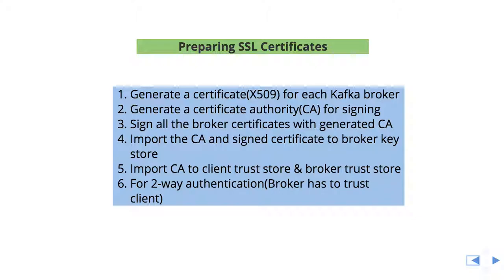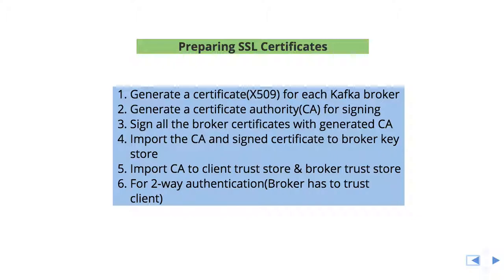The fifth step is we have to import the CA into the client trust store and the broker trust store. We imported our certificate into the key store, which represents your certificates to the clients or servers.